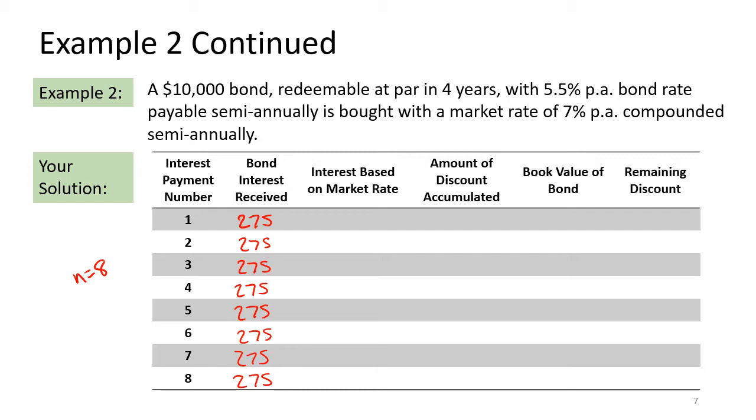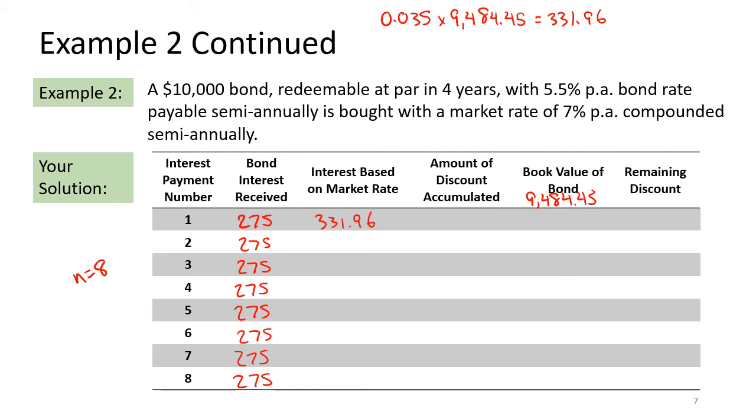It's based on the book value of your bond, which is the purchase price we just calculated, $9,484.45. So our interest is simply our periodic interest rate, 0.035, multiplied by that book value, $9,484.45. If you calculate that out, you'll get $331.96.